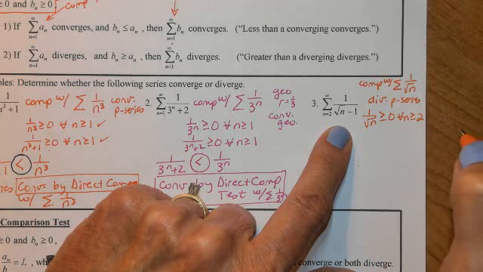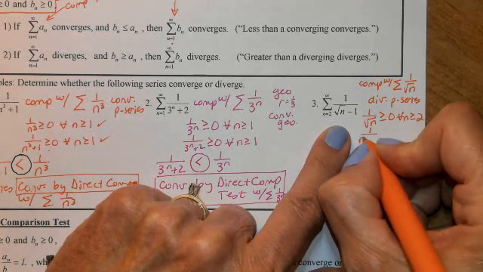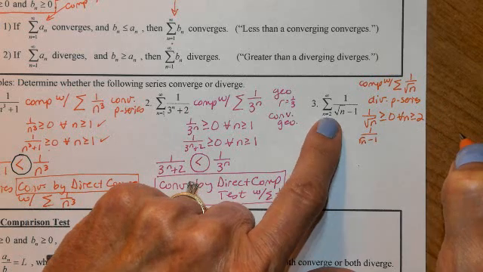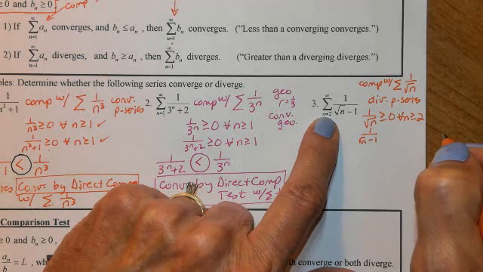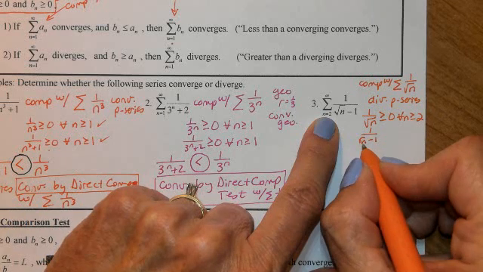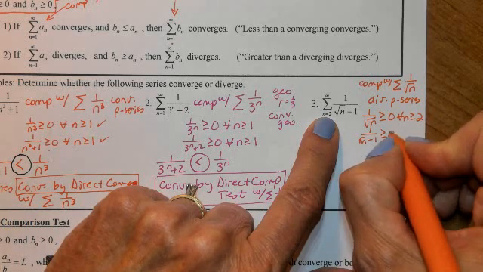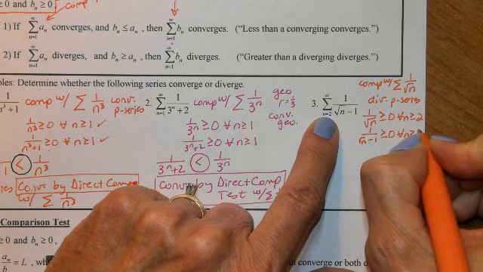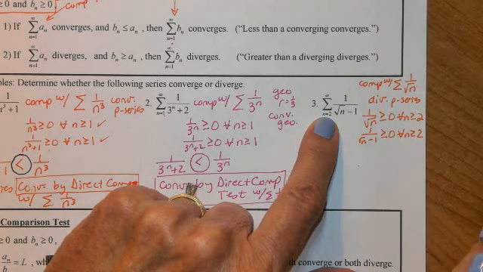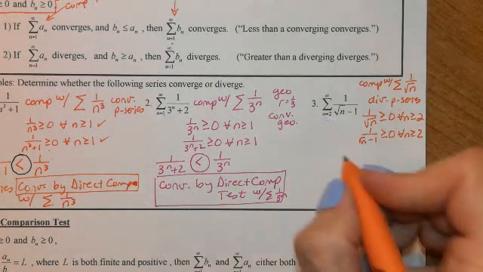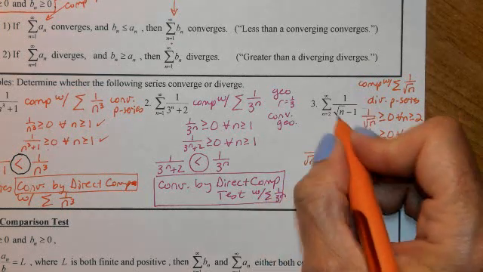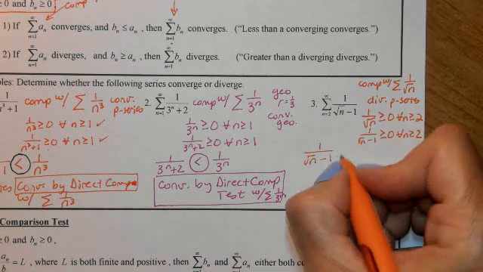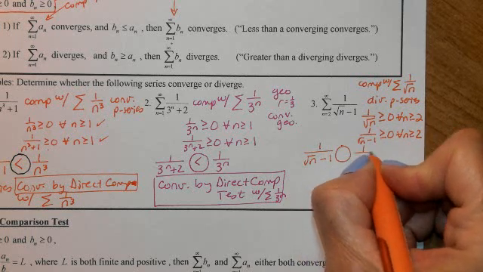And 1 over square root of n minus 1 is also greater than or equal to 0 because n starts at 2. So we can compare. I write down what I'm trying to figure out, and I compare it against what I know.